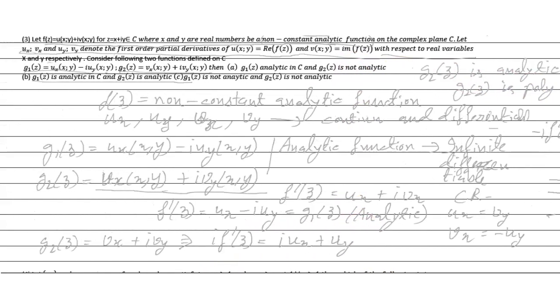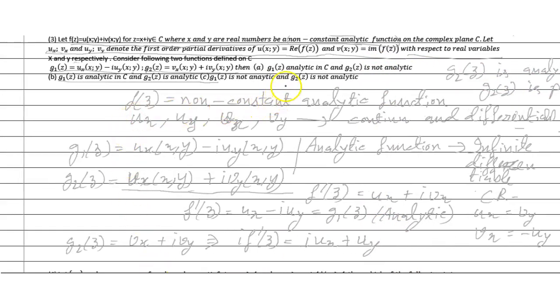So the only possibility is g1(z) is analytic, but g2(z) is not analytic. It is correct. And the other options are all wrong.